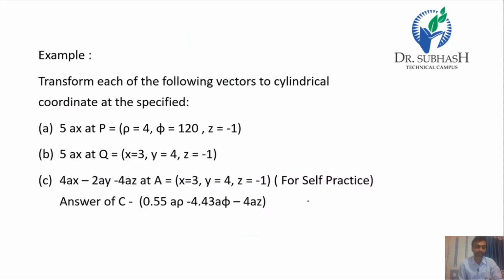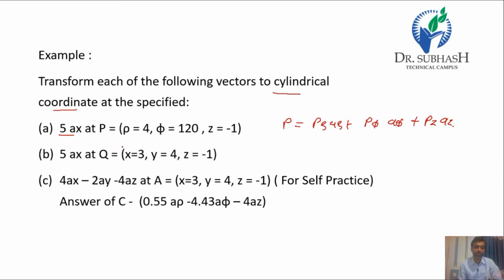Okay, we see one example here. In the example we are given the vector phi Ax. To transform this vector into the cylindrical coordinate system, suppose the name of the vector is P, then vector P can be transformed into P rho A rho plus P phi A phi plus Pz Az at a point P, which is given as rho equal to 4, phi equal to 120 and Z equal to minus 1.